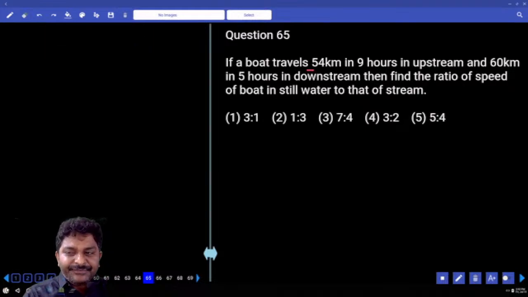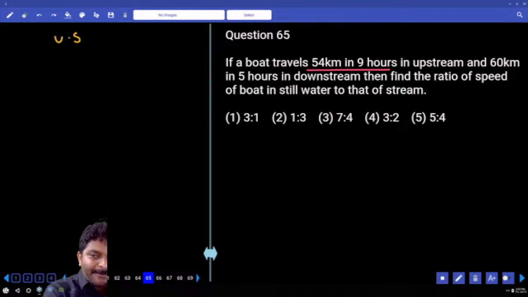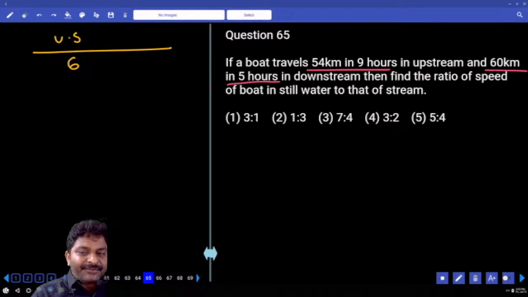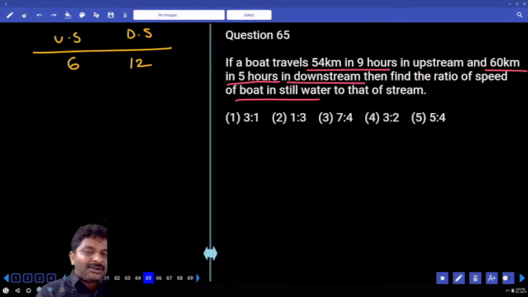A boat travels 54 kilometers in 9 hours upstream. So what is the upstream speed? 54 by 9, that is 6. 60 kilometers traveled in 5 hours downstream. Downstream speed is equal to 60 by 5, which is 12. Find the ratio between the speed of the boat in still water to the stream.